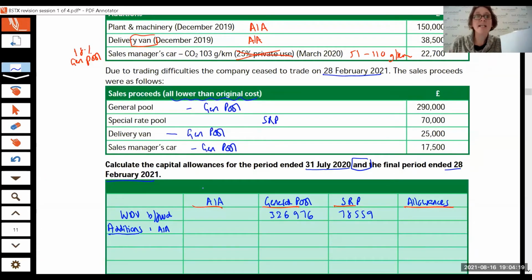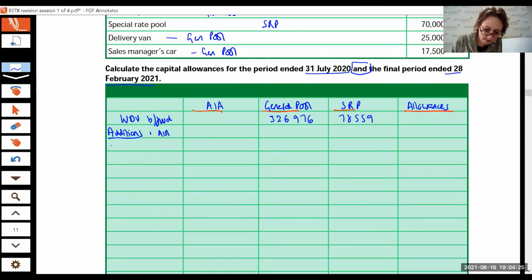I need to show the person marking my work very clearly where my answers came from. So under additions, and I'm just going to abbreviate here. So everything fits in. So plant and machinery, and then a van. That gives enough of an idea. And then I pop both of those into that column for the AIA.